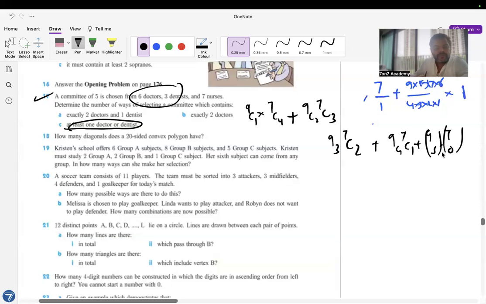Okay, tell me how many diagonals does a 20-sided convex polygon have?